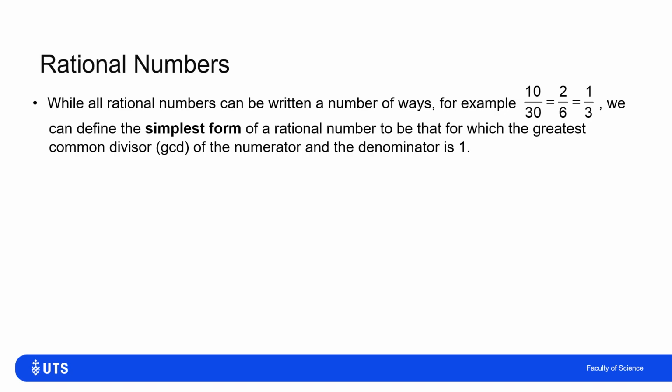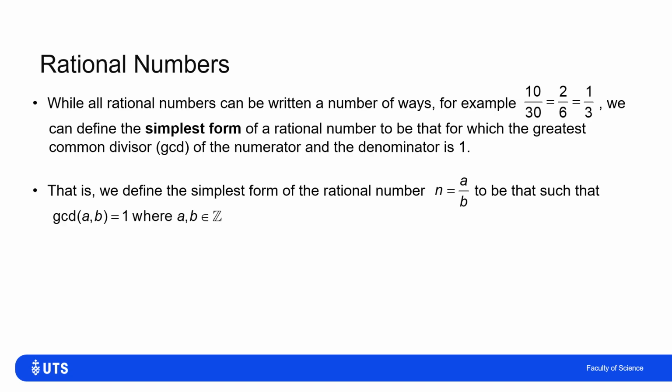But there is a simplest form, and the simplest form is when I've made sure that the top of the fraction, the numerator, and the bottom of the fraction, the denominator, have greatest common divisor of 1. So 10/30ths isn't the simplest form because, for example, I can divide top and bottom by 5 and get down to 2/6. 2/6 isn't the simplest form, so I can divide top and bottom by 2 and get down to 1/3. 1/3 then is the simplest form.